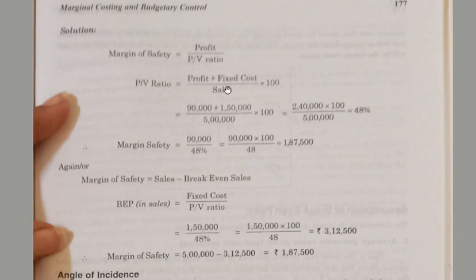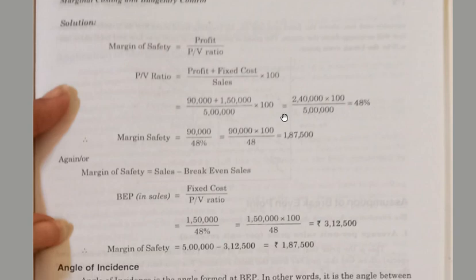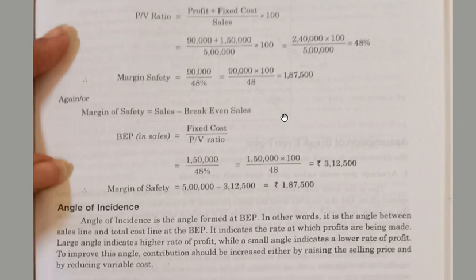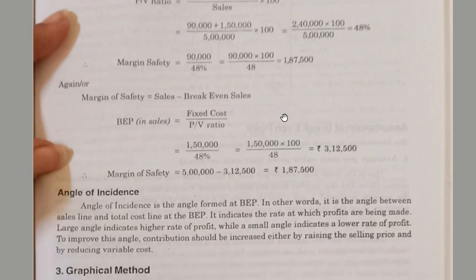PV ratio is equal to profit plus fixed cost divided by sales into 100. So 90,000 plus 1,50,000, which is 2,40,000, into 100 divided by 5 lakh, you get 48%. So margin of safety is 90,000 divided by 48%, which is 1,87,500.